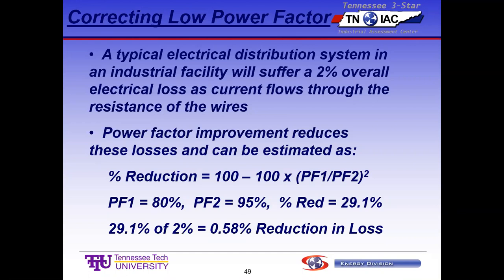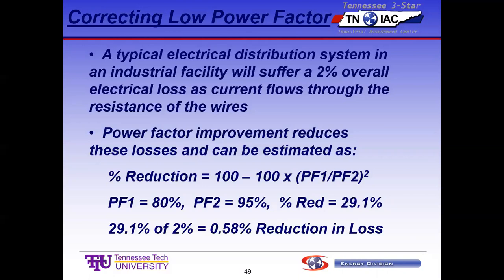So if you take 100 minus 100 times the ratio of the power factor before and after, I haven't run through these numbers in a long time, but you can use this equation to give you an estimate.